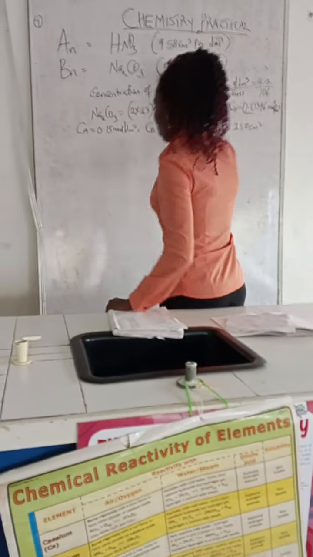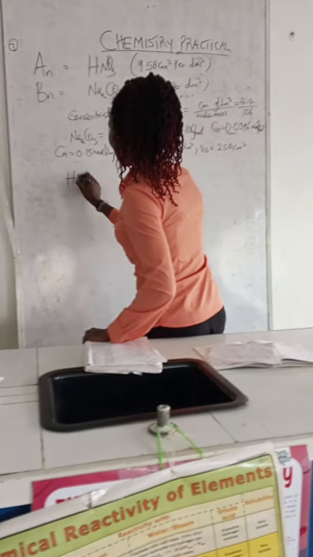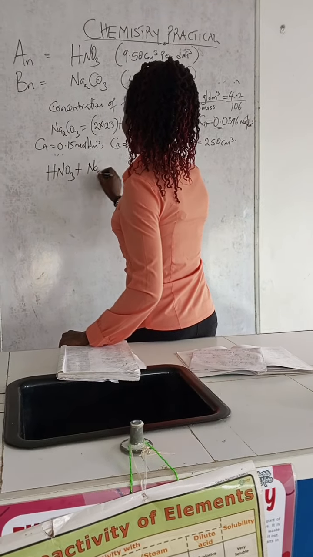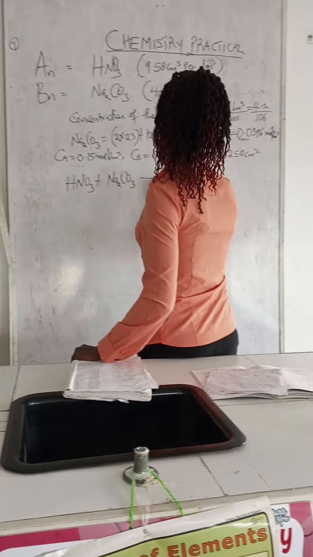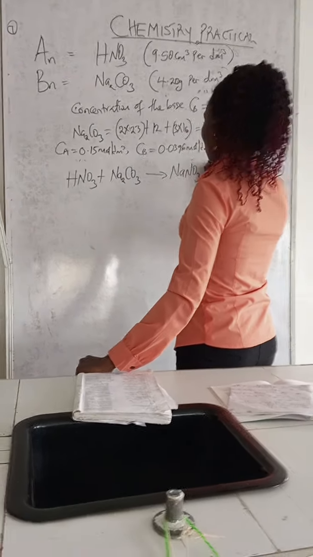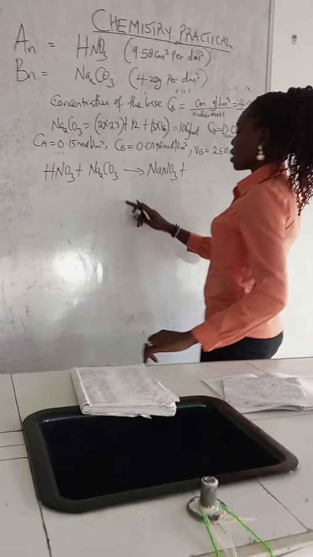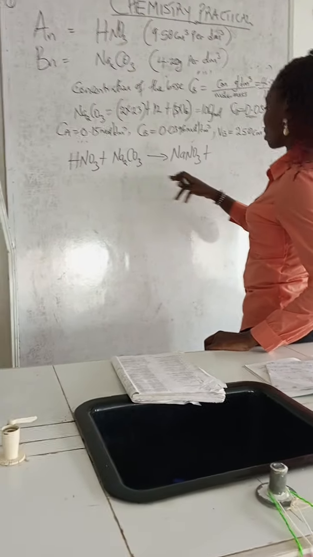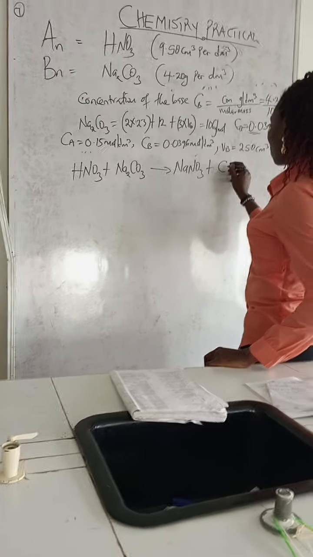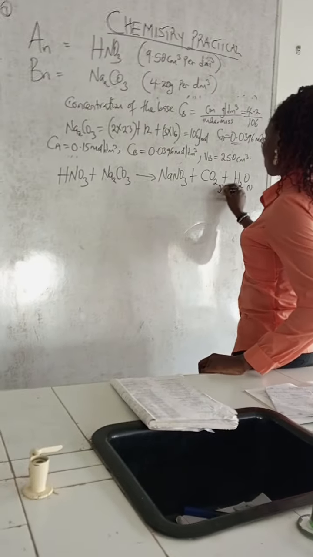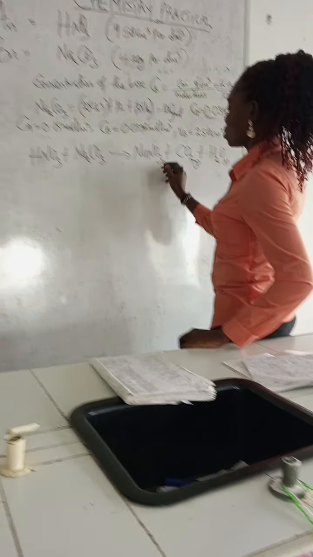So the titration is going to be between HNO3 plus Na2CO3, which will give us NaNO3 plus, remember, acid and base, the carbonates will release carbon dioxide, CO2, then water.